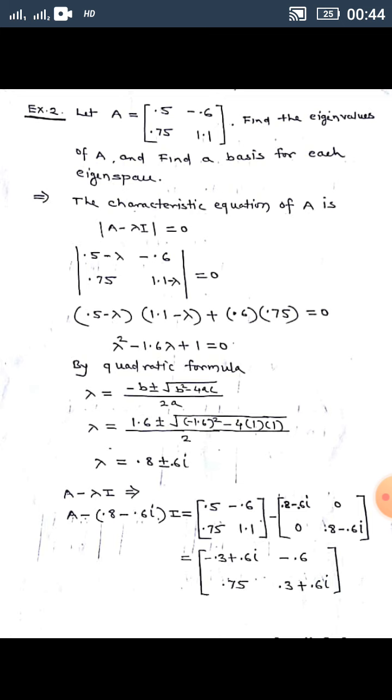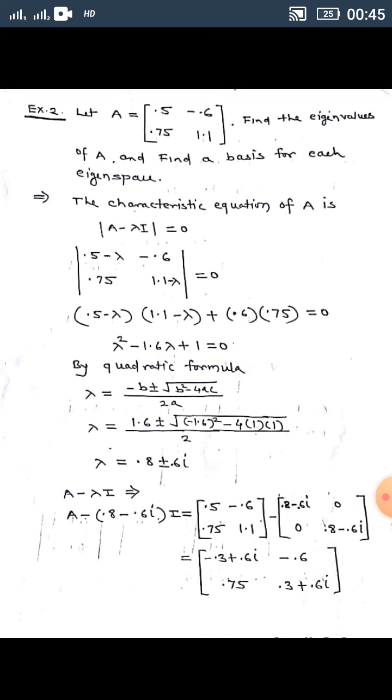Now again we know that the characteristic equation of A is determinant of A minus lambda I is equal to 0. Now we subtract lambda from the diagonal elements of the A matrix. So 0.5 minus lambda, minus 0.6, 0.75, 1.1 minus lambda is equal to 0. Now diagonally we multiply to take the determinant.